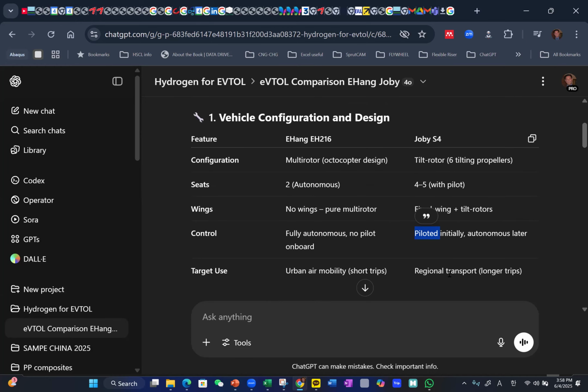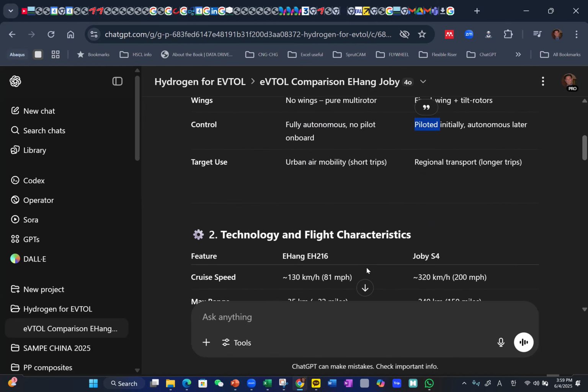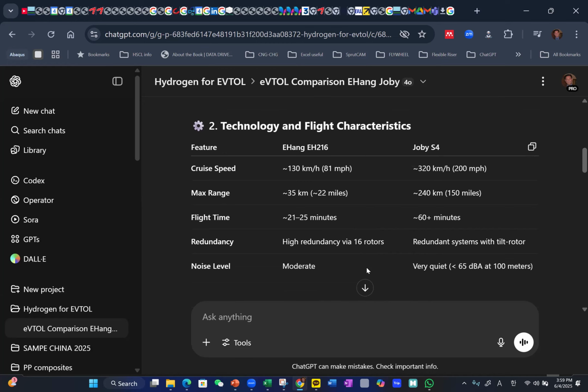So this is again the longer and shorter. Let's see more characteristics. In cruise speed, EHang is about 81 miles per hour, which is about 130 kilometers per hour, which is very fast, right?